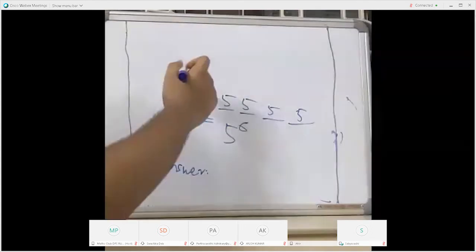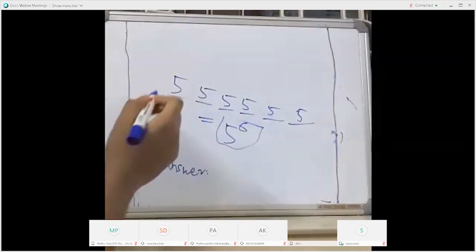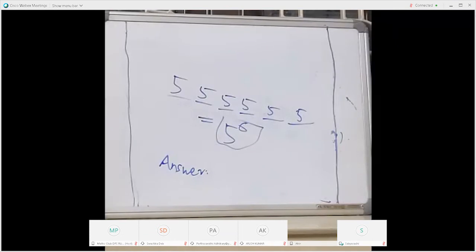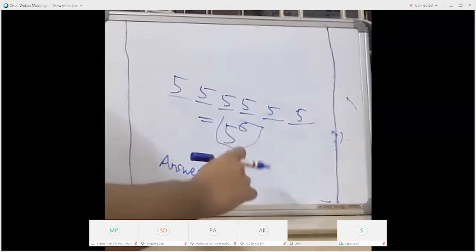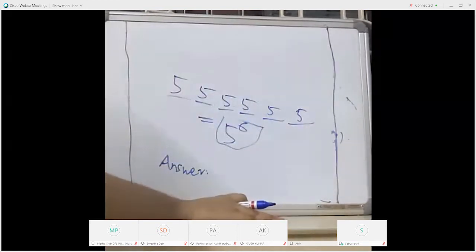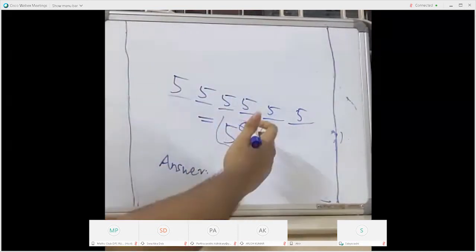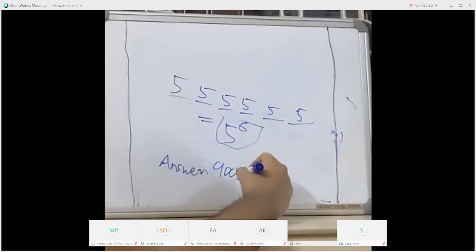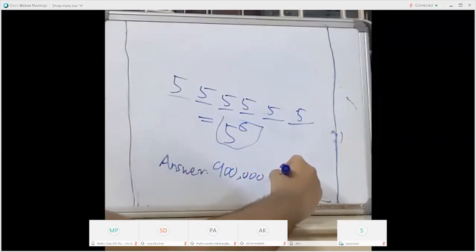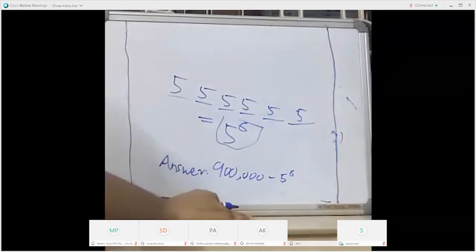Okay, so 5 to the power 6 are all 6-digit numbers which have only odd digits. And we had to find all numbers which had at least one even digit. So our answer is all 6-digit numbers minus these 5 to the power 6 numbers. So that gives us 900,000 minus 5 to the power 6. What's 5 to the power 6?